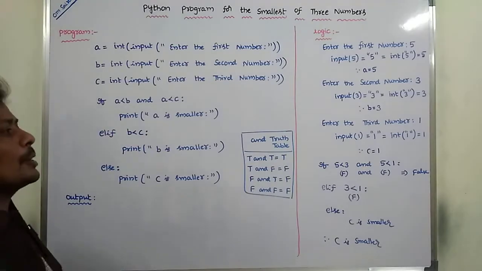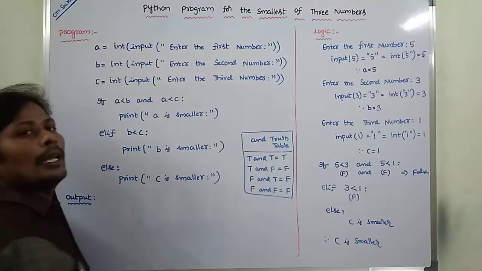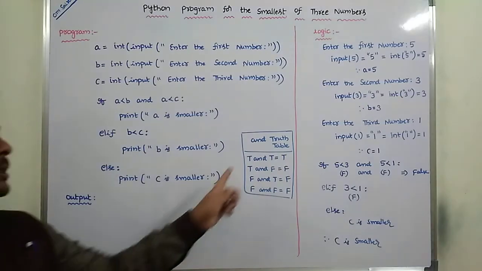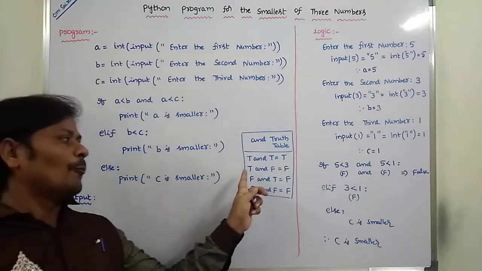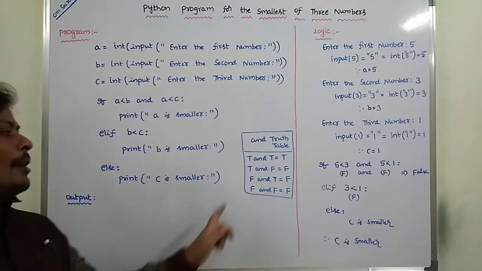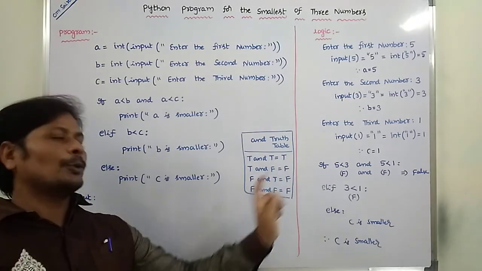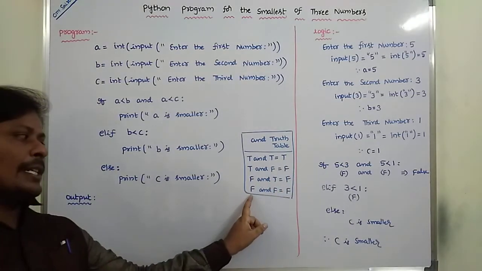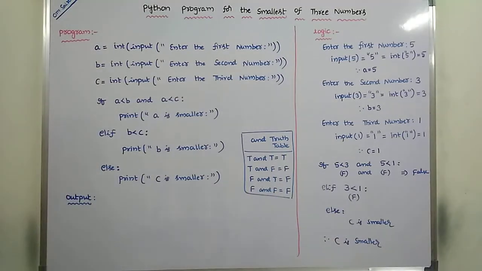Okay, here the total program can be understood from this table, the truth table. Both expressions are true, the total expression is true. One is true and the second one is false, the total is false. One expression is false and another expression is true, then the total is false. First expression is false and second expression is false, the total expression is false.